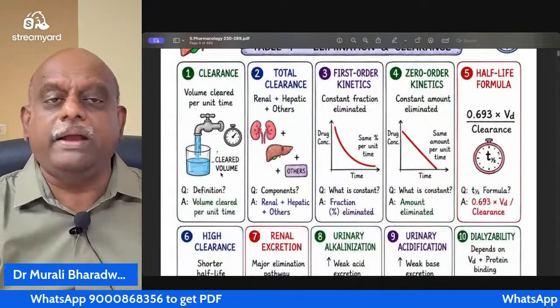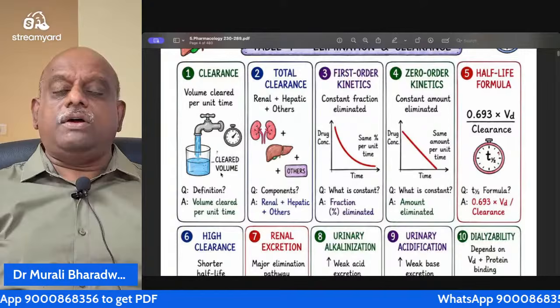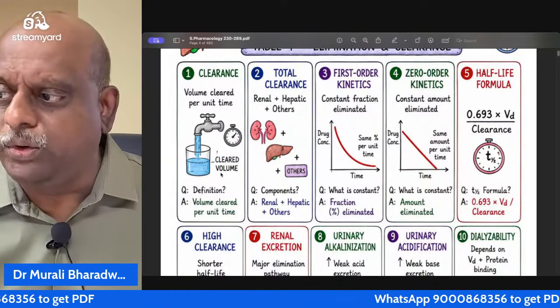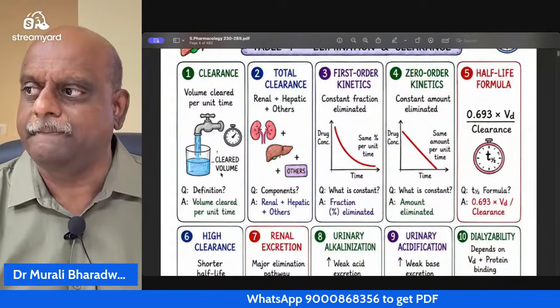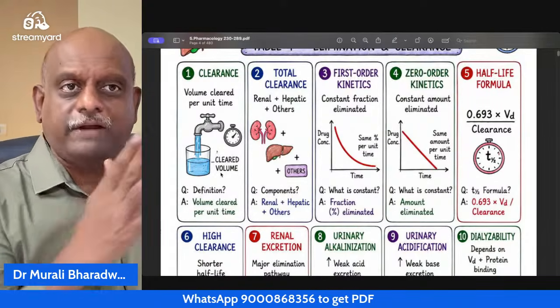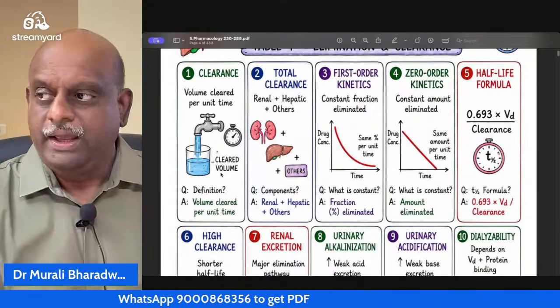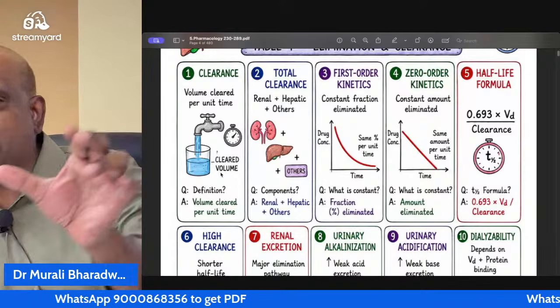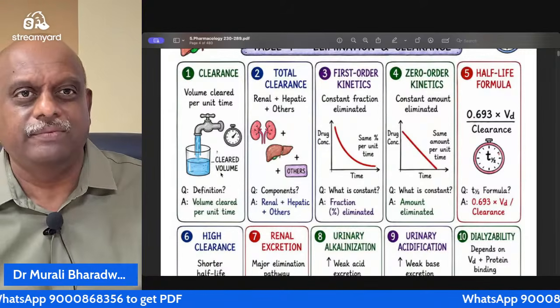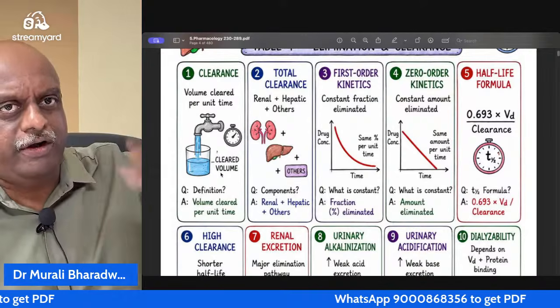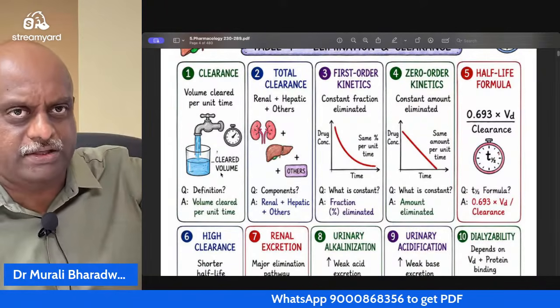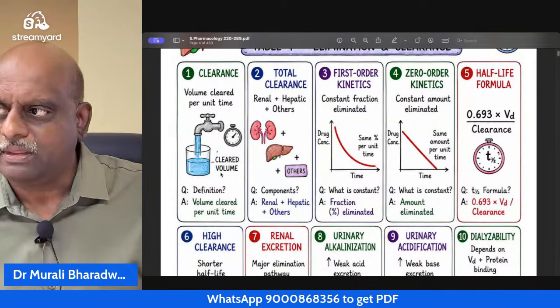Now, what is meant by clearance? It is the volume of the drug cleared per unit time. It can be renal or hepatic. In first order kinetics, a constant fraction is eliminated. That means 100 becomes 50, 50 becomes 25, 25 becomes 12.5, in the same half-life.